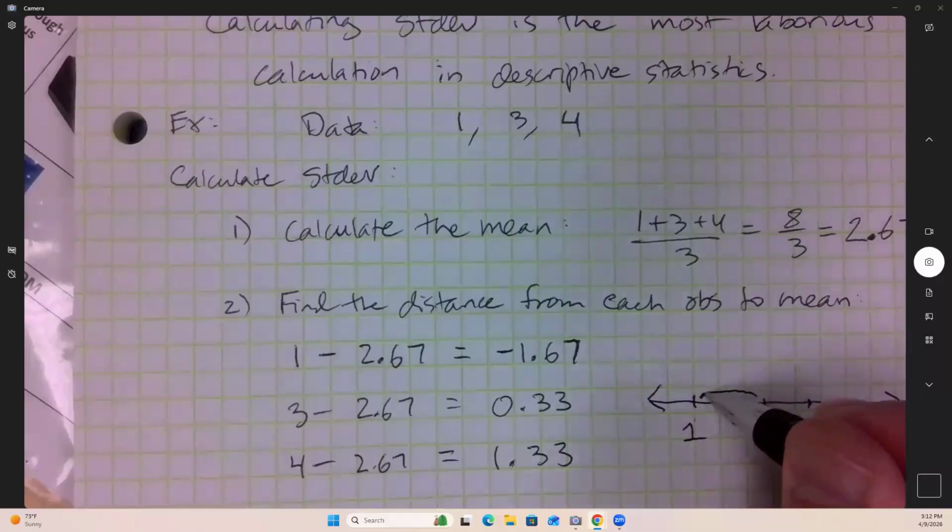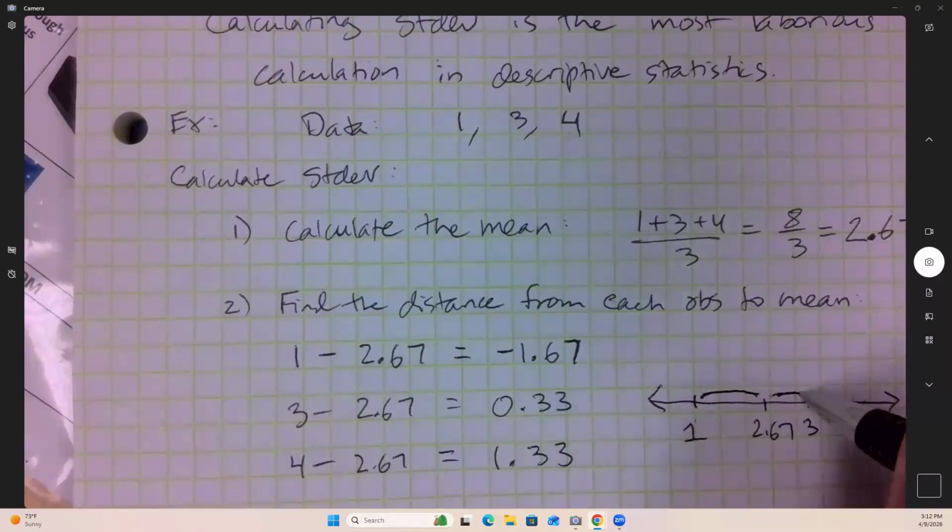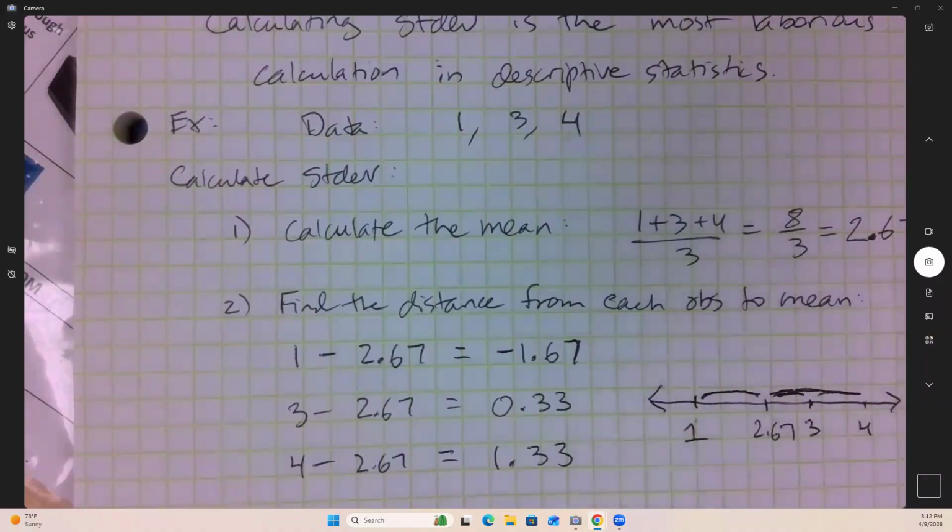So I've got my distances, but one of those distances is a negative number. And distance shouldn't be negative. Distance should always be positive. So mathematically, how do we make sure that a number is positive? We square it, exactly. You could take the absolute value, but squaring is easier.